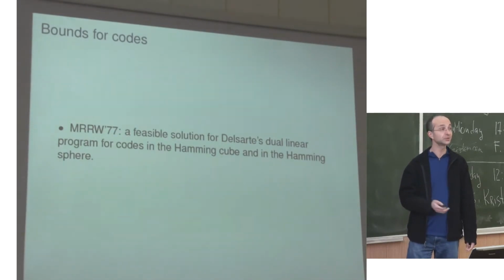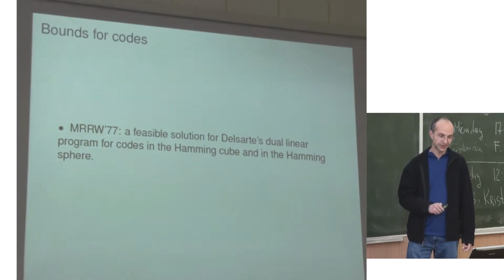They gave a feasible solution for Delsarte's dual linear program in the Hamming cube and in the Hamming sphere, in these two magic spaces, using the theory of orthogonal polynomials, which was actually suggested by Delsarte, that one should use this theory.